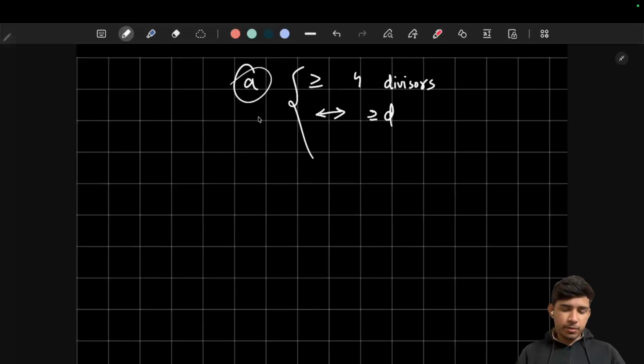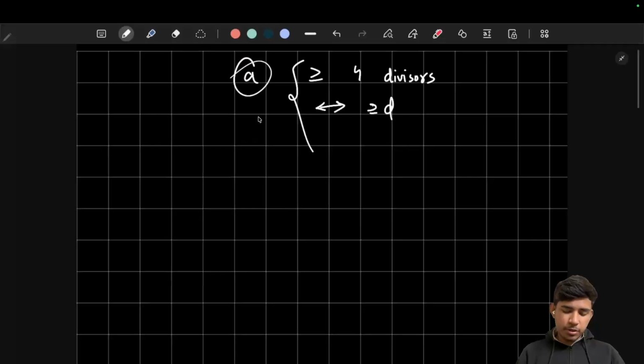So with that approach, we should find the numbers which have exactly four divisors and try to conclude to an answer. Let's model it like this. A must have 1 and A itself as divisors, and there are only two places left to fill.